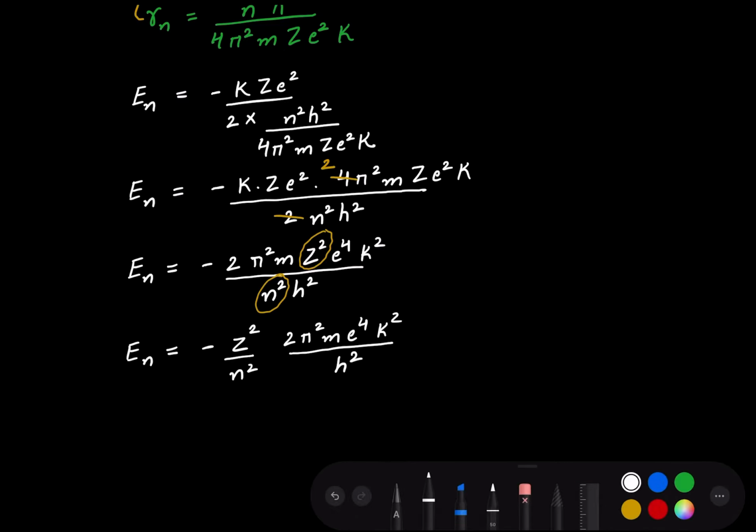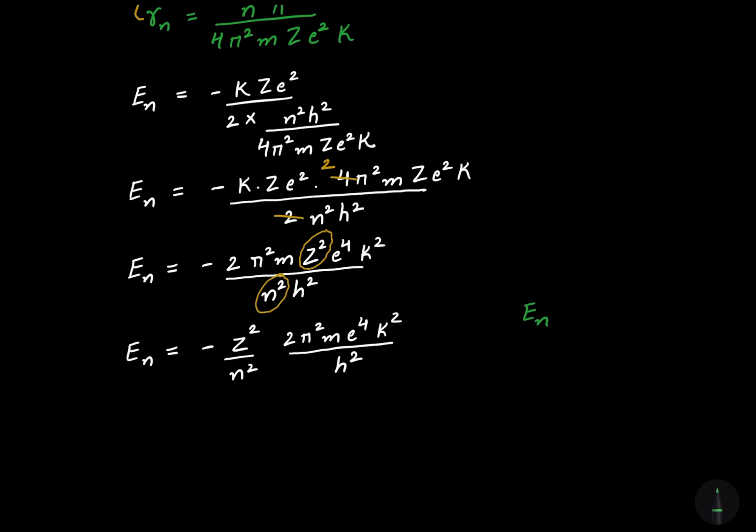So it signifies that energy of nth orbit is directly proportional to minus z square divided by n square, or energy of nth orbit is directly proportional to n square divided by z square. What is n? N is the orbit number.